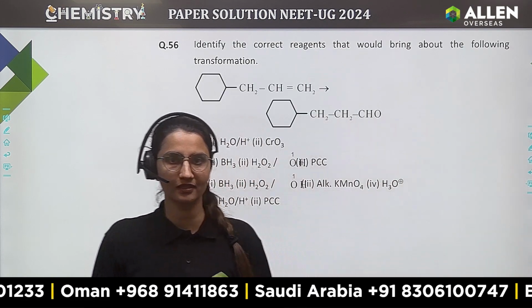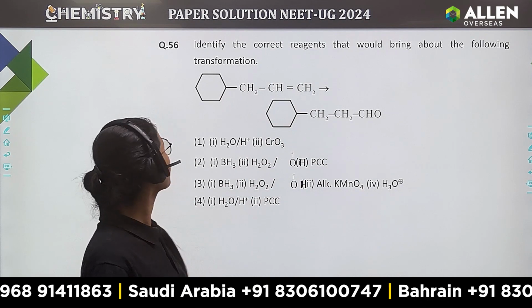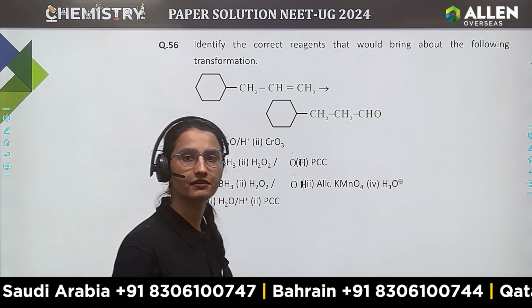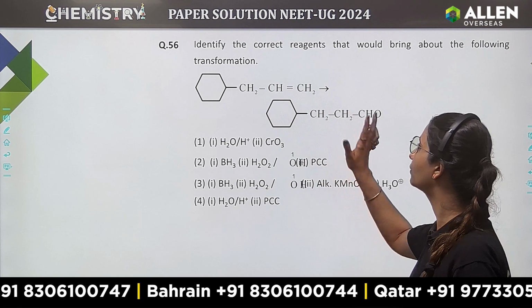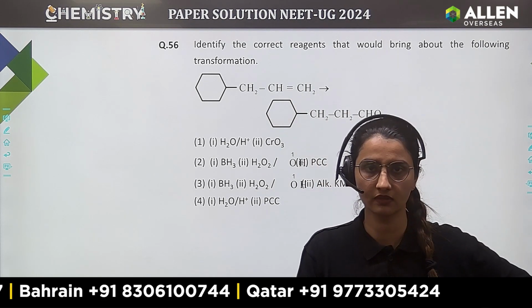So this is a question of organic. The question is, you have to carry out this transformation. How will you carry it out? If I just look, alkene into aldehyde. What can we know?